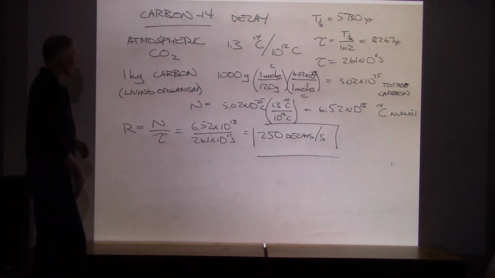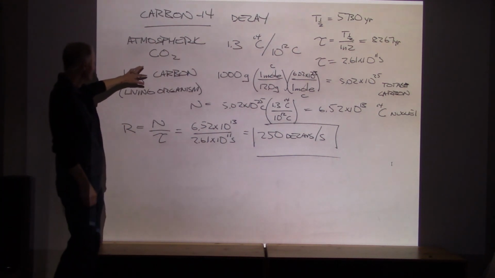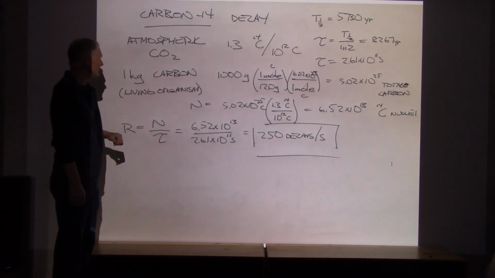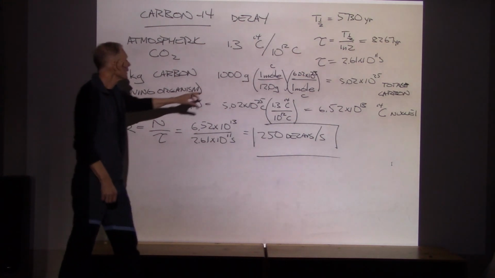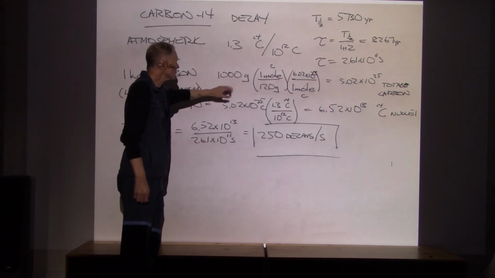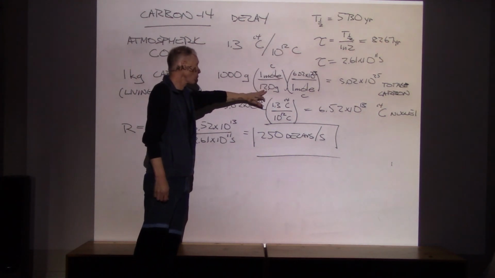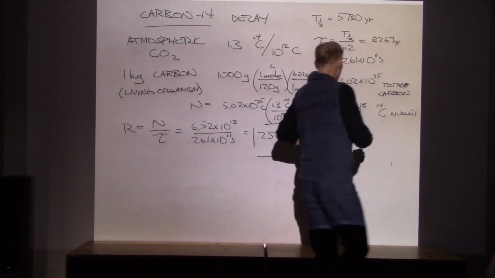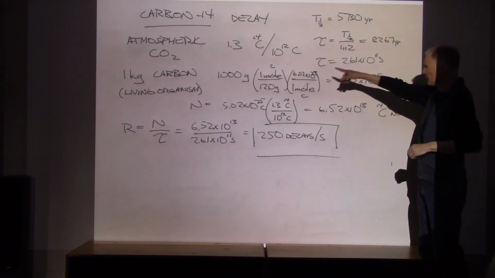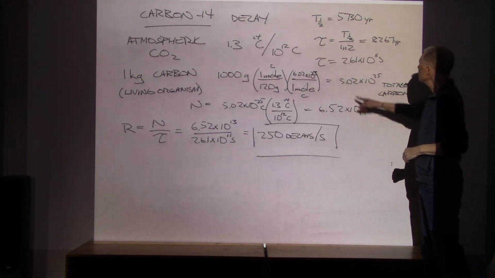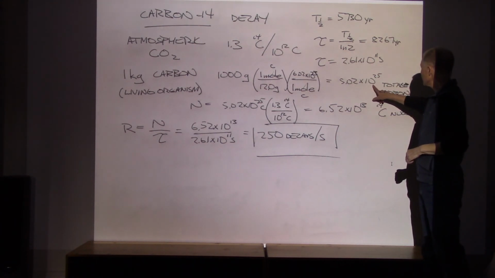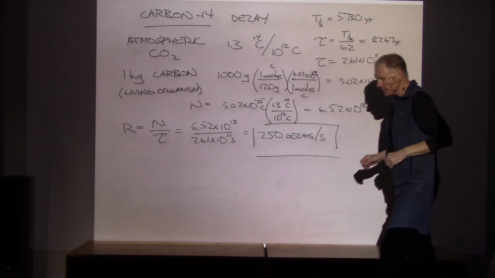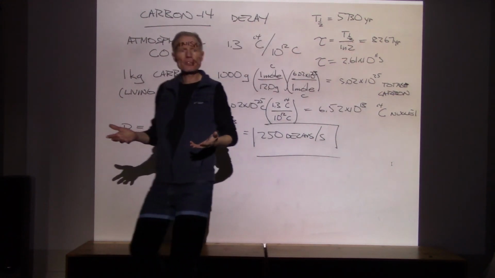So the first thing we could say is, okay, let's take this 1 kilogram sample of just carbon. That's 1,000 grams of carbon. Carbon has a molar mass of 12 grams per mole. That would say that the total number of carbon atoms in my 1,000 gram sample is 5.02 × 10^25. Now, how many of those are carbon-14?